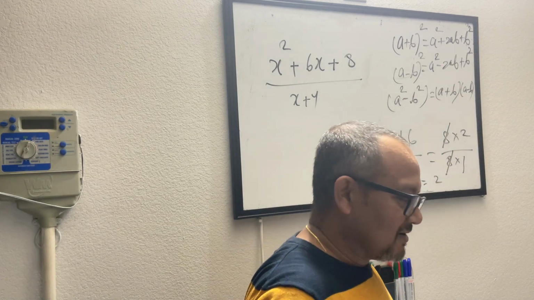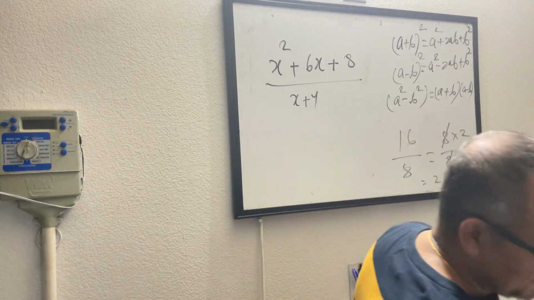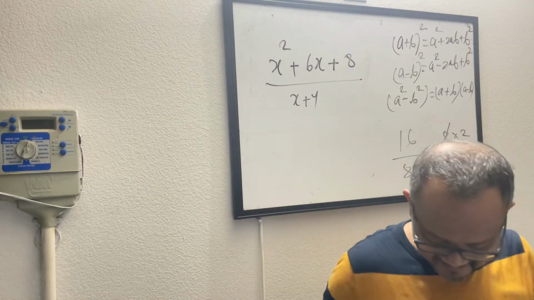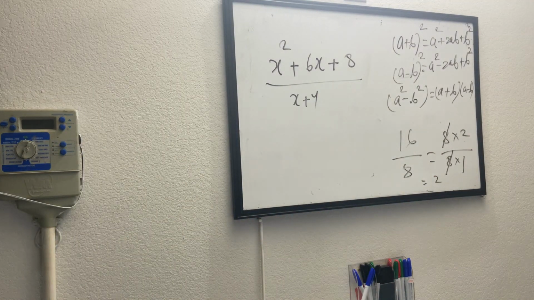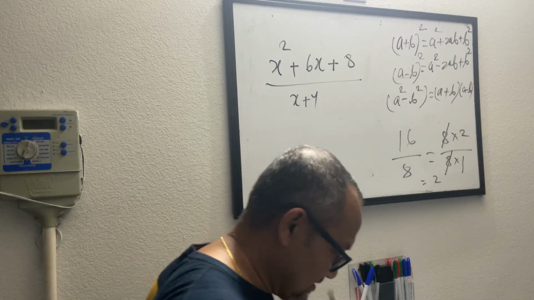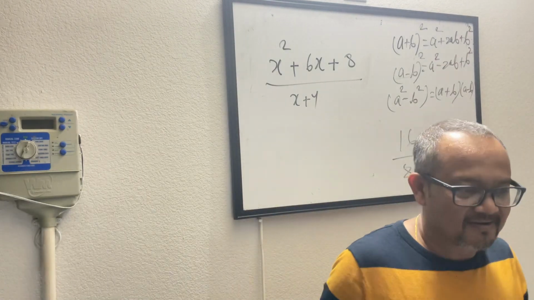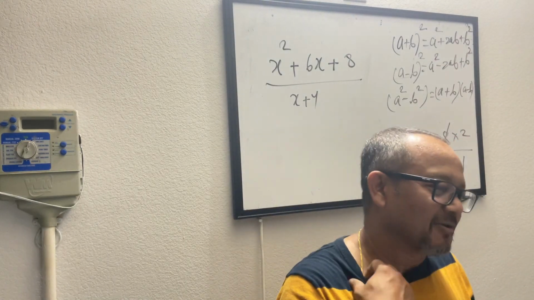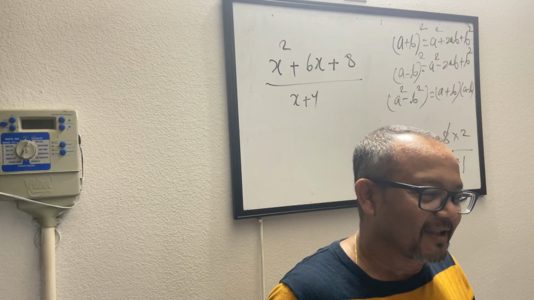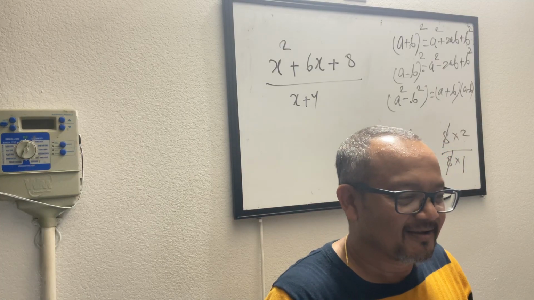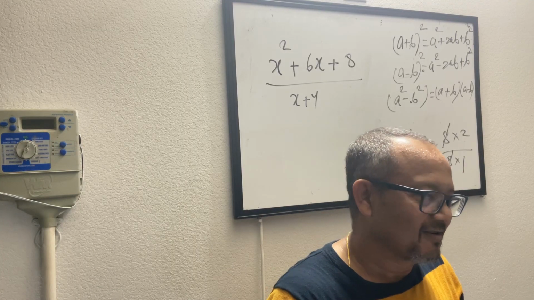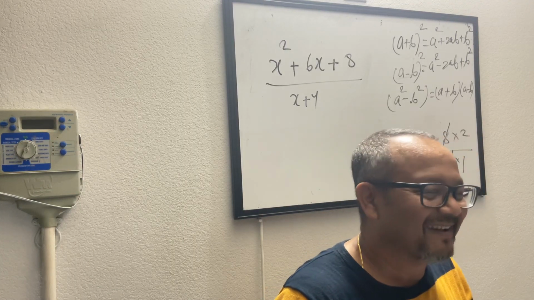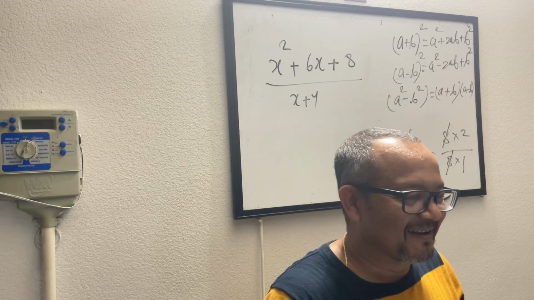So you can separate 6x into 2x plus 4x. Then x squared plus 2x plus 4x plus 8 can be turned into x multiplied by x plus 2, plus 4 multiplied by x plus 2, which can finally be factored into bracket x plus 4 bracket, and bracket x plus 2 bracket, and then you can put that above.